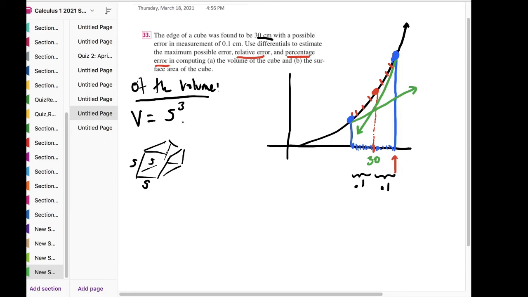So for differentials, maybe it was down here. This would be our dy, or sorry, there's a couple dy's, right?